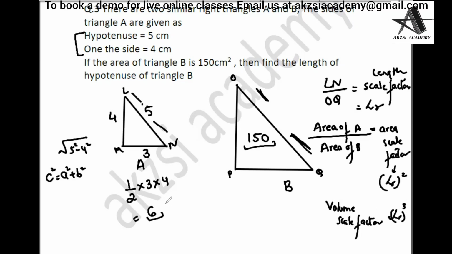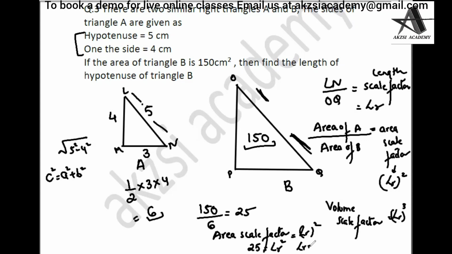Here we have the area of figure B and area of figure A. So 150 over 6 will give me the area scale factor, which is 25. And we know area scale factor is the square of the length scale factor. So that means length scale factor is the square root of the area scale factor. Area scale factor is 25, LR squared. From here, LR is 5.